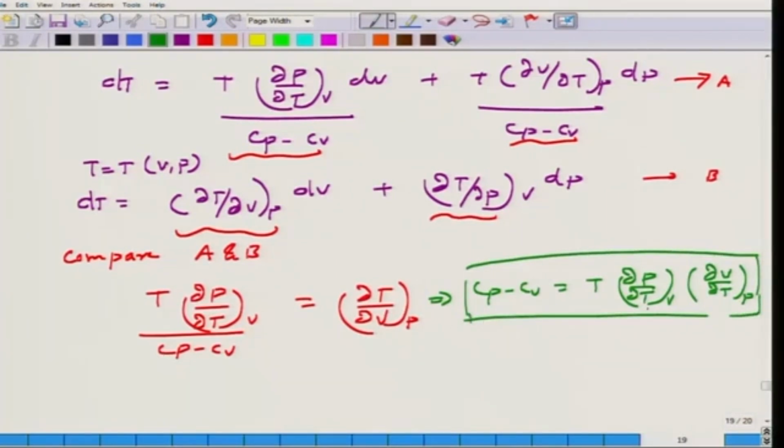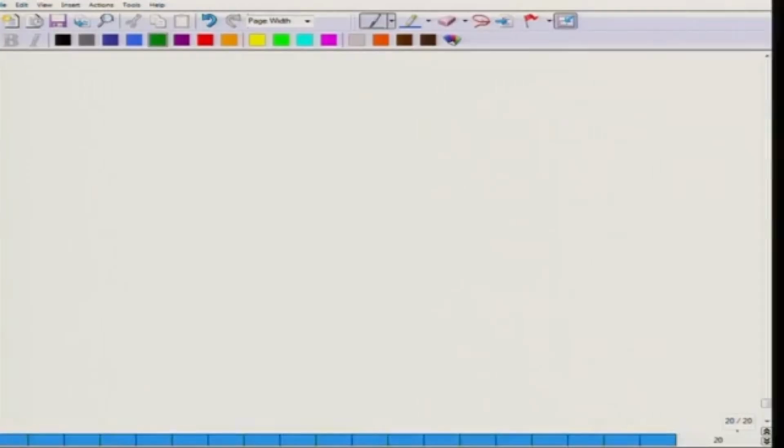Now here, in order for me to make use of the coefficient of thermal expansion and isothermal compressibility, I would have to use the cyclic relation. So let me make use of the cyclic relation now. Cp minus Cv, with the cyclic relation, (∂P/∂T) at V is minus (∂P/∂V)_T (∂V/∂T)_P.